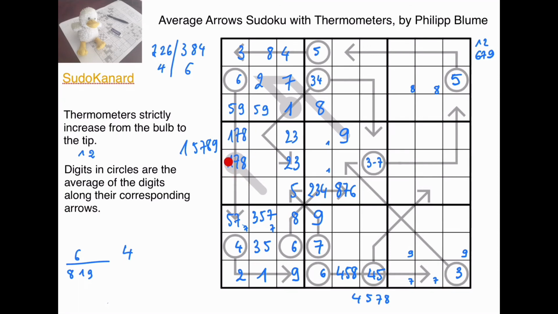And 1 and 8 are both here. There has to be a 6 somewhere. And now we have very few options for this arrow. And I think 4 is no more an option, because those would add up to 11, making this 8 or 9, but none of them is available. So that's a 3. Now those must have a sum of 8. So this is 6 or 5, and both are still possible.